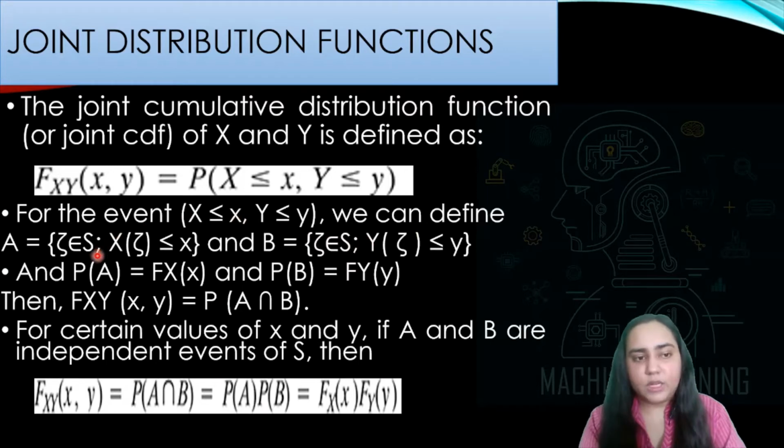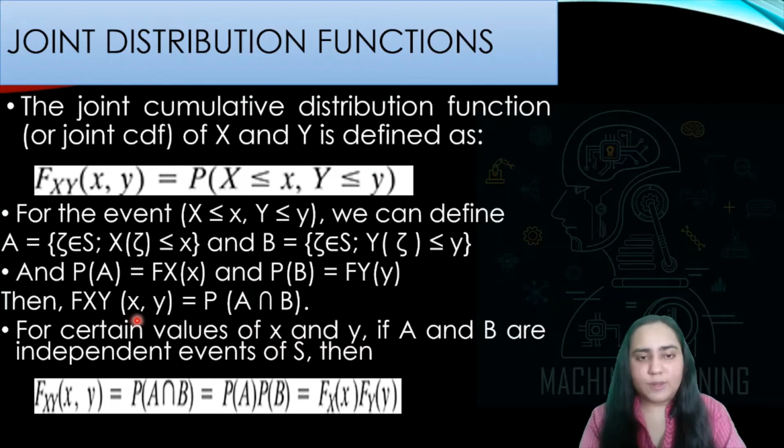And we can define capital A as the set of all zeta belonging to capital S, the sample space, such that X(zeta) is less than or equal to x, and you can define the same thing as B. So if there are two events like this, A and B, then you can calculate the probability of A in this manner, and you can calculate the probability of B by using the F function, which is the cumulative distribution function.